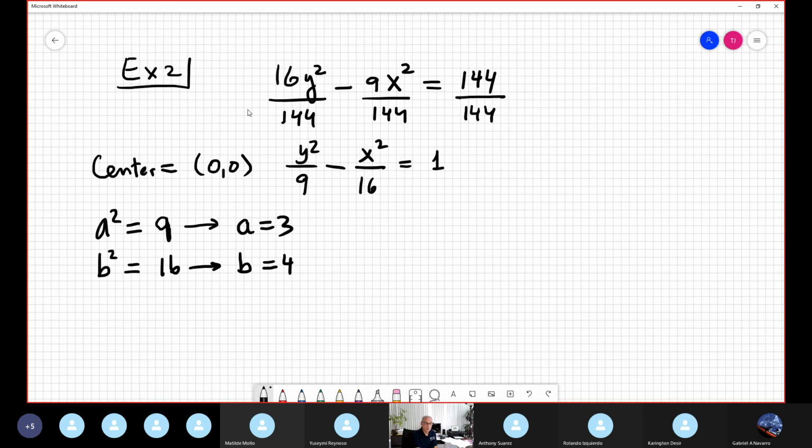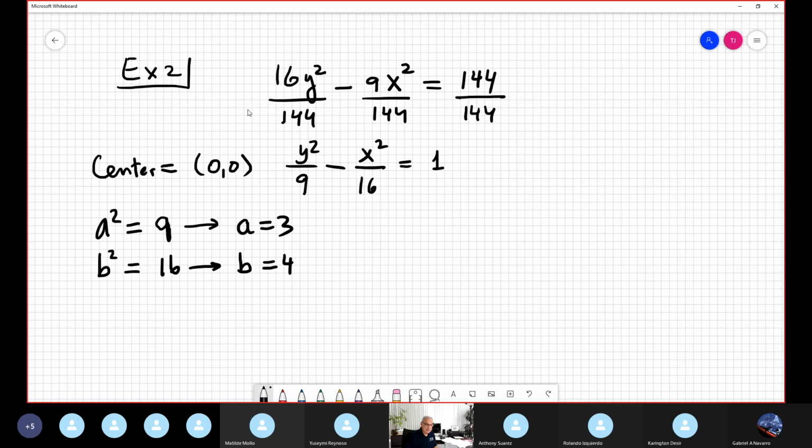How do you know it's 0,0? Because we have no h and no k. So our hyperbola is without transformation, no motion to the left, to the right, or upward, downward. No shift. Entonces no h, no k, center is 0,0.